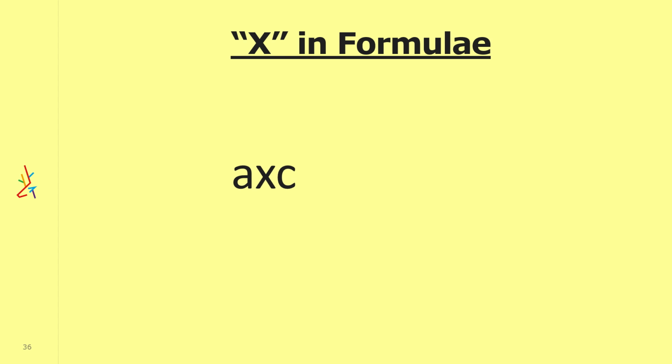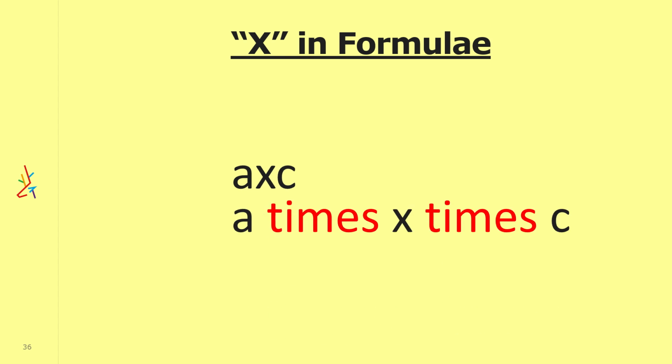So if there's an X there, it just means the letter X, which means this is asking you to do A times X times C. So X does not appear as a times in formulas. If the X is there, it just means the letter X.